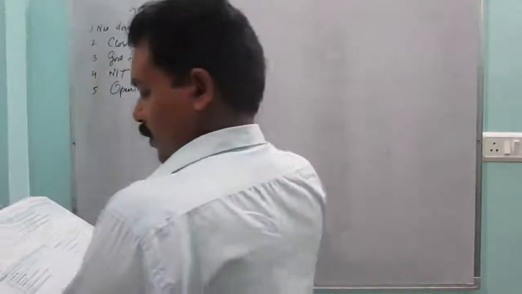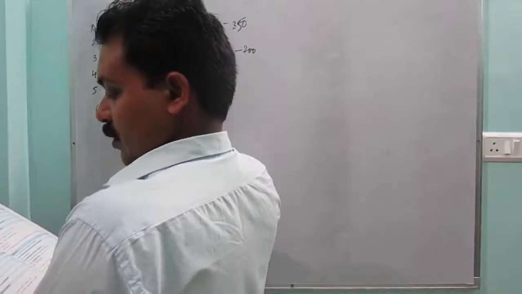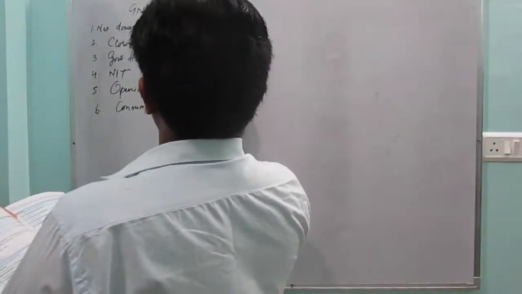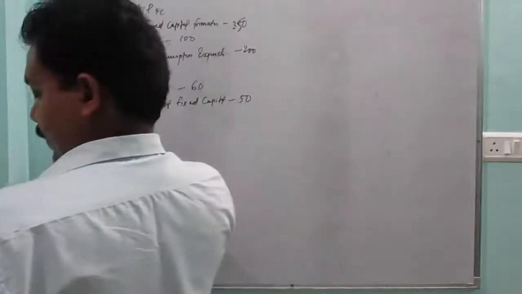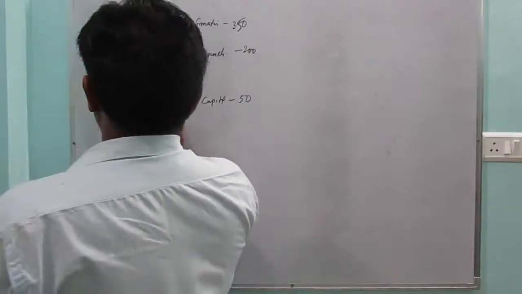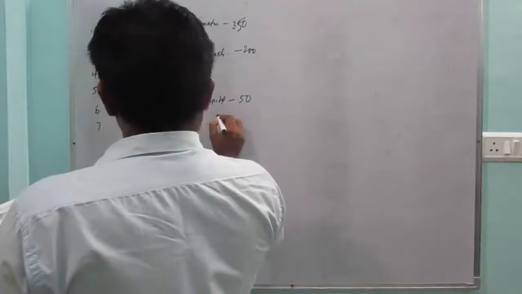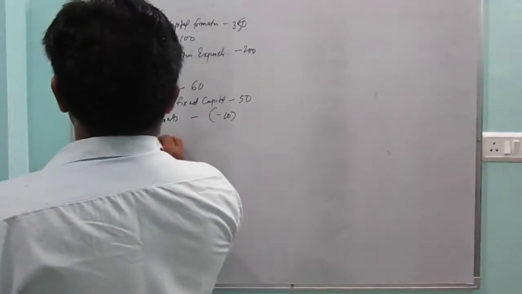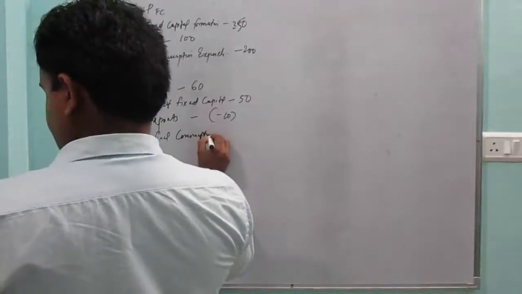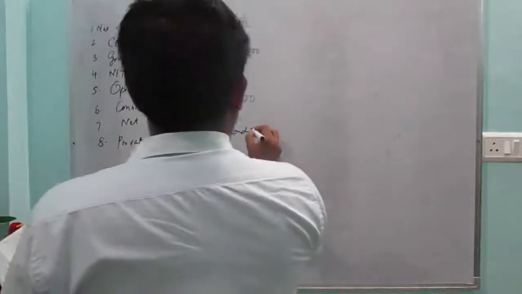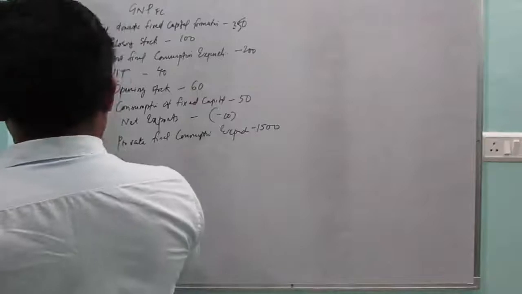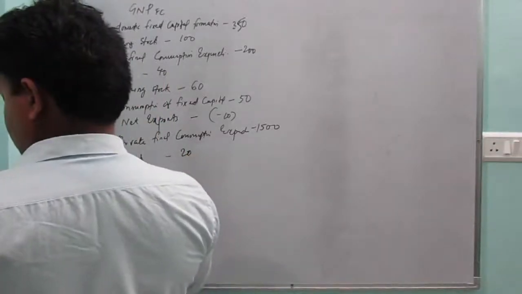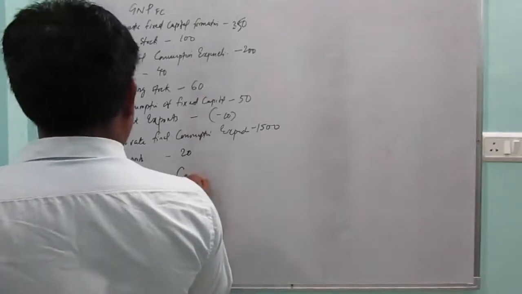sixth consumption of fixed capital 50, seventh net exports minus 10, private final consumption expenditure 1500, imports 20, next net factor income from abroad, NFIA, that is also minus 30.